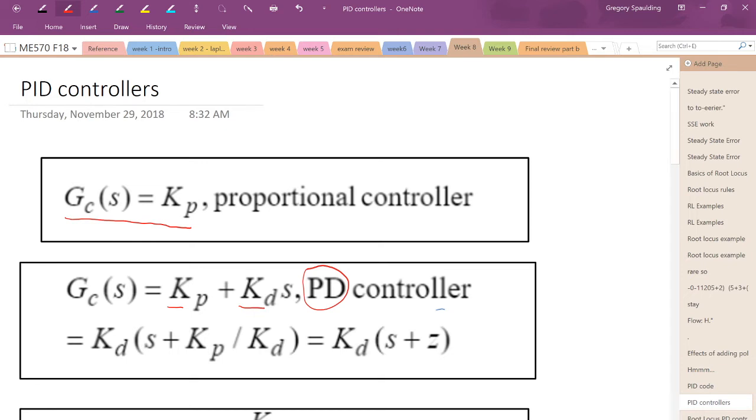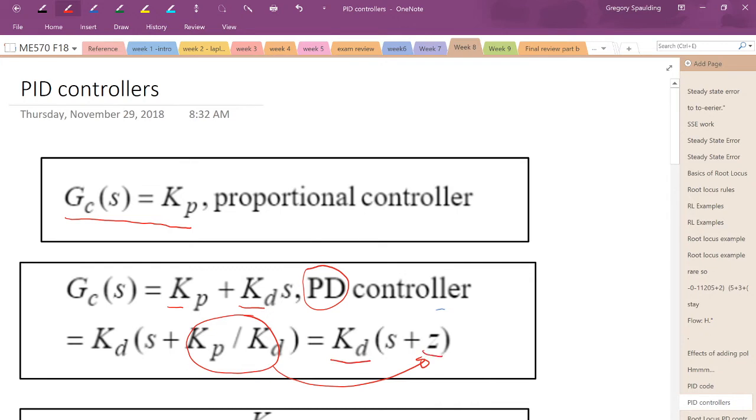We can simply factor out the KD out of our starting equation here and end up with a KD times S plus KP over KD. Now, this KP over KD we could call a Z, okay, a zero. And what we then end up with is a gain and a zero in here.